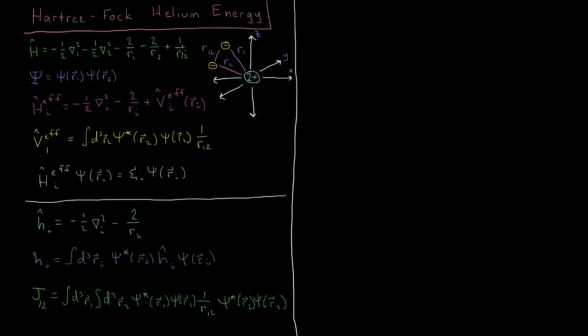Because this is the source of the real difficulty in quantum mechanics for many electron atoms and molecules: these 1 over R12 operators for various electrons.